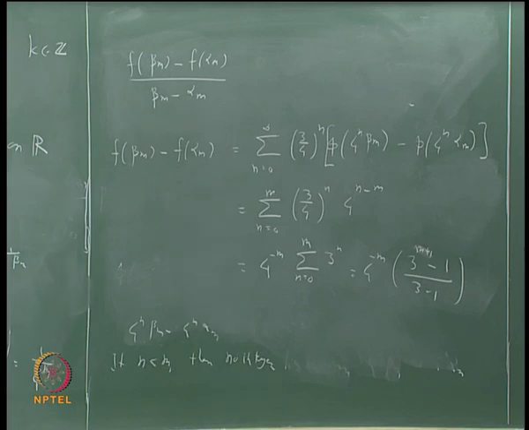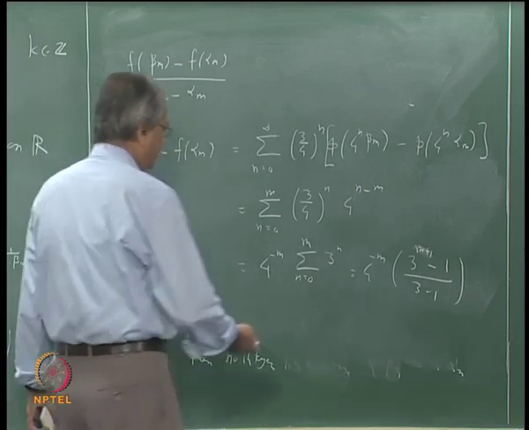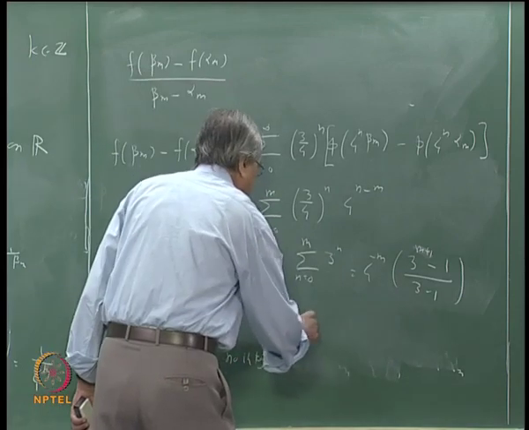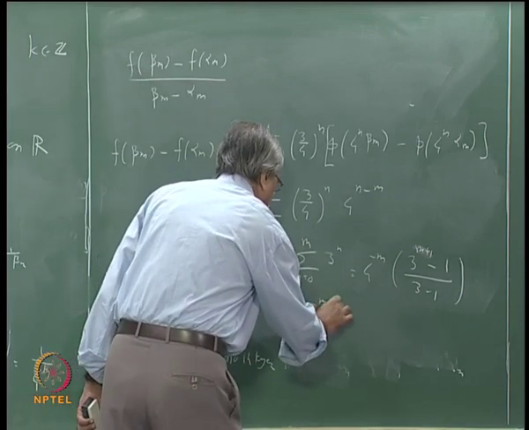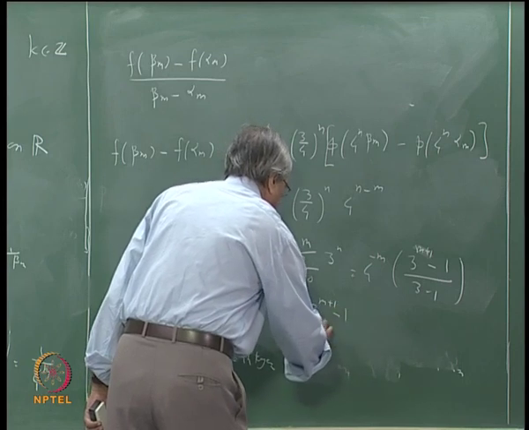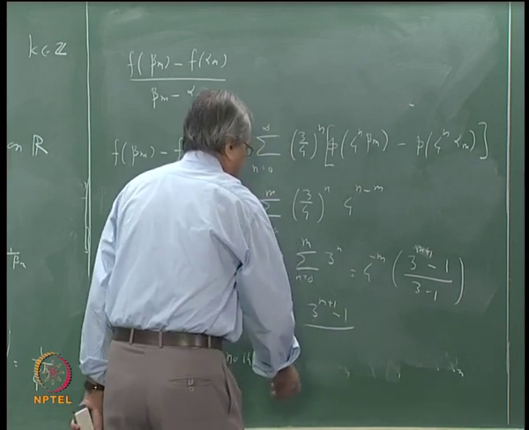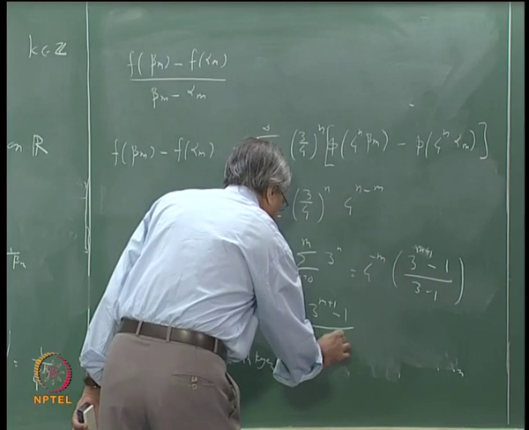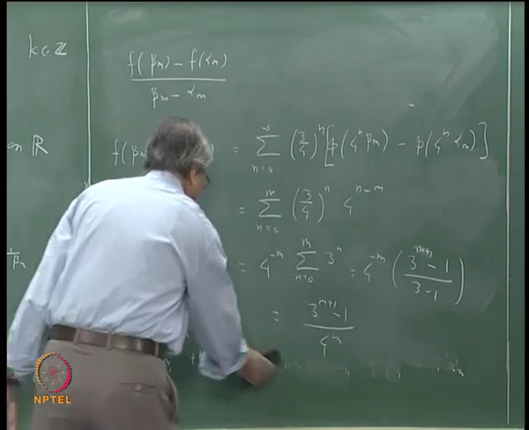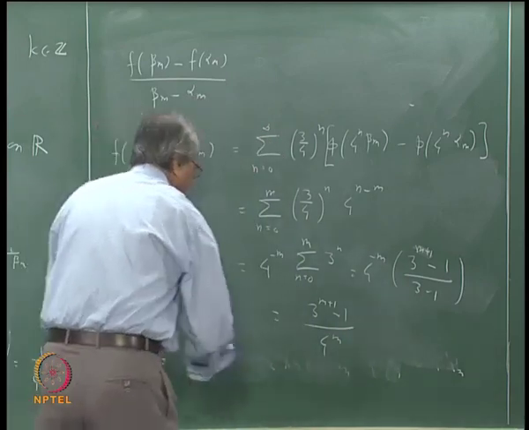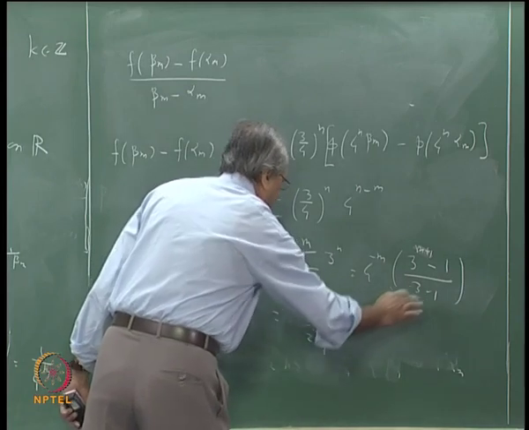That is the same as, see this is 2, so this is the same as 3 to the power m plus 1 minus 1 divided by 2 into 4 to the power m, okay.